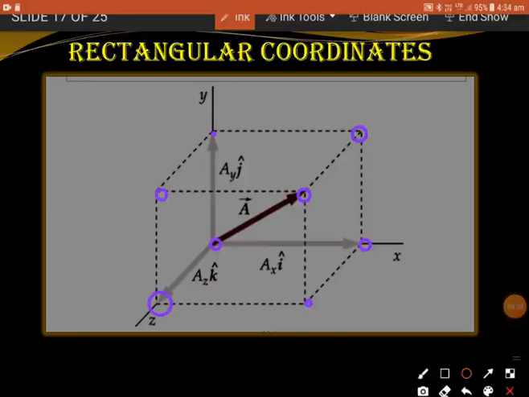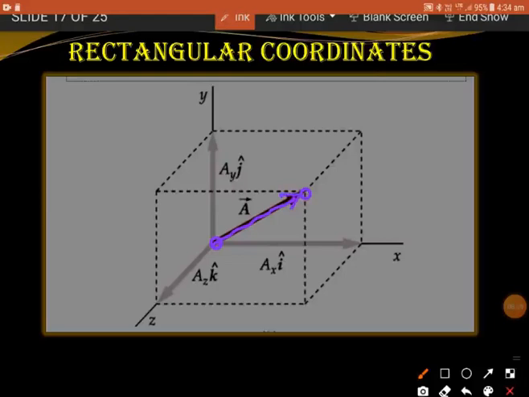But for us, we have taken this as the body diagonal, with the origin as the starting point. From this point we are going to draw it up to here. So if this body diagonal represents the vector quantity A, then this body diagonal represents a vector here, like this.